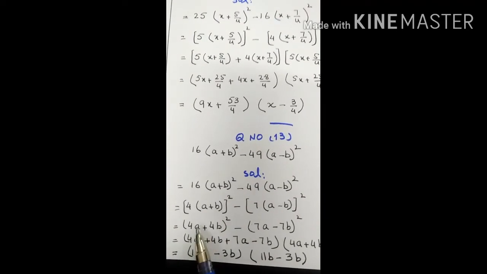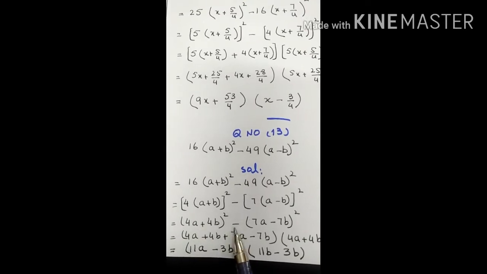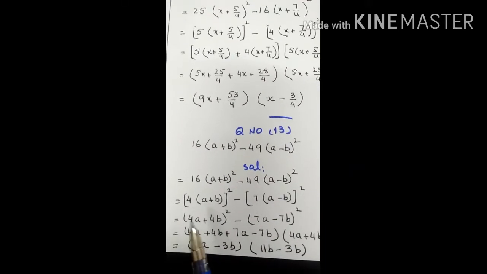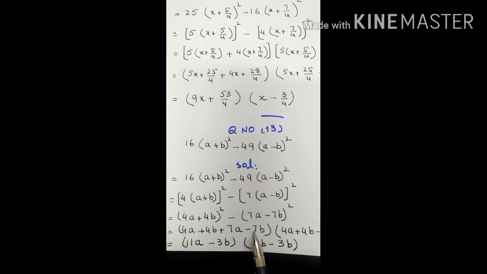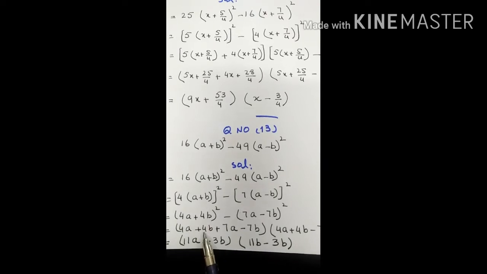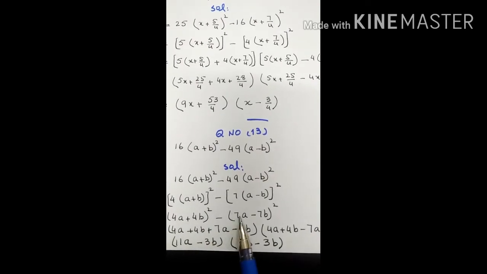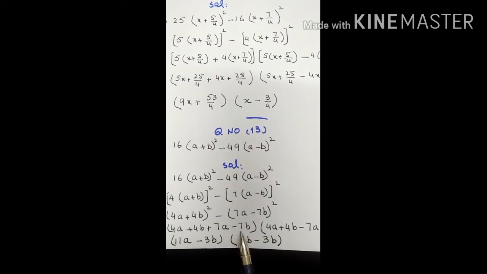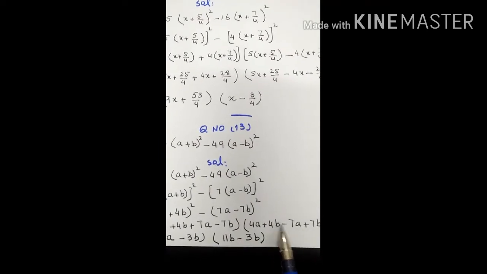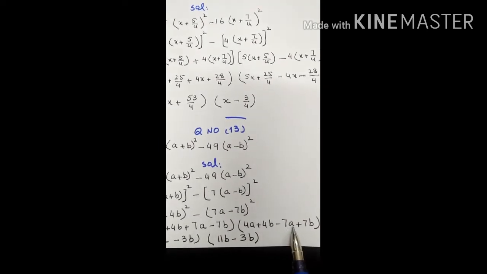A square, consider it one value, minus b square, consider it one value. Write a plus b, a minus b. A is 4a plus 4b, plus b is 7a minus 7b. Same. A is 4a plus 4b, minus b is 7a plus 7b. That means a minus b.